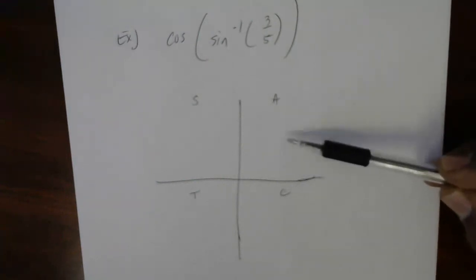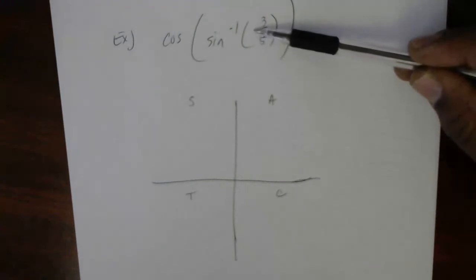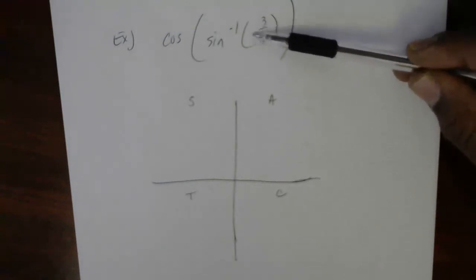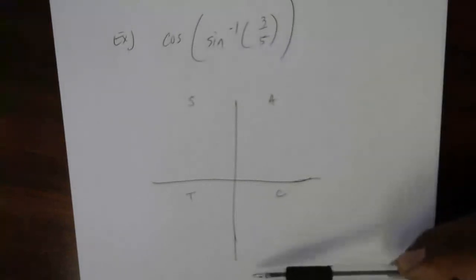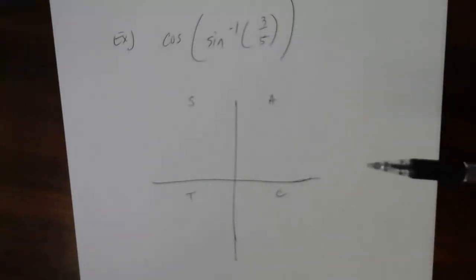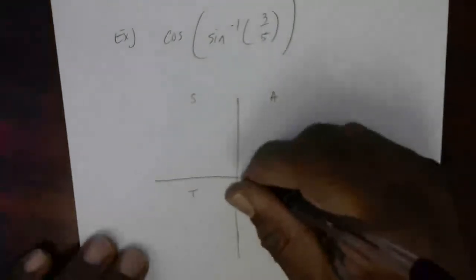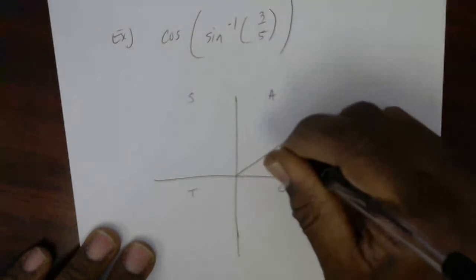So I know that my angle has to be in the first quadrant, based on the fact that the sine is a positive value, and also on the fact that the arc sine runs between negative pi over 2 and pi over 2.